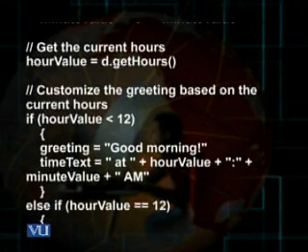So I'm saying that if hourValue is less than 12, then the greeting variable should have the value good morning. You can see within the double quotation marks, I write a string good morning, and this value is for the variable greeting. Then timeText equals in the string at plus hourValue.